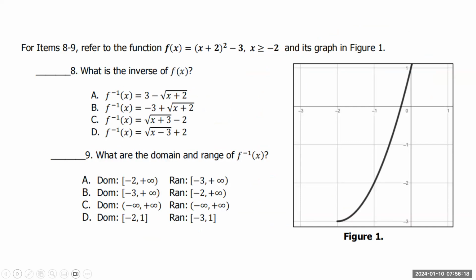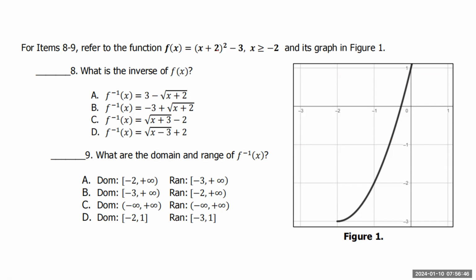Items 8 to 9, so we are going to refer to figure 1. That is the graph of f, which is (x plus 2) squared minus 3, wherein x should be greater than or equal to -2. Find the inverse of f of x. How do we solve this? Since the graph satisfies the horizontal line test, this function is 1 to 1.